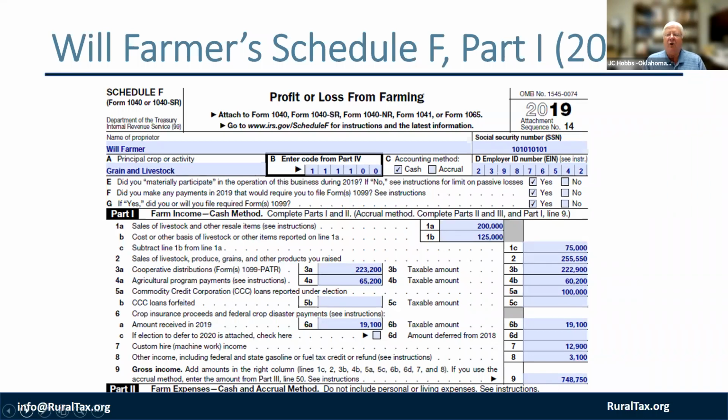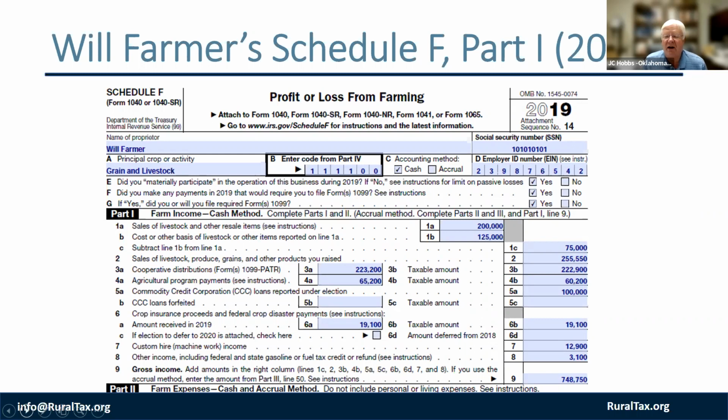So let's get into what's going on here. So Will Farmer, he's got sales of livestock, other resale items, line 1A, of $200,000. His cost basis in that livestock, as well as his grains, etc., $125,000. So when you subtract those two, we've got $75,000 of taxable income that shows up on 1C.